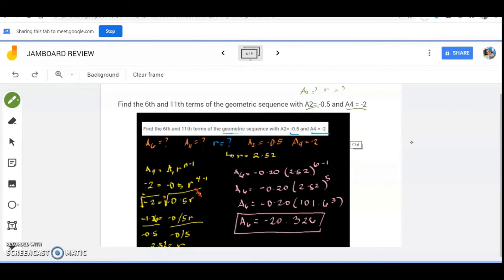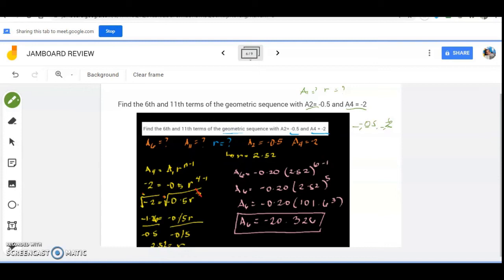Negative 2 as the second term. We have negative 2. Negative 0.5. And then, we have missing terms before the 4. So, it's like we're getting a geometric mean in this case. We have negative 2. So, for that, we first look for the common ratio. Now, to find the common ratio, let's assume that this is the first term and this is the last term.